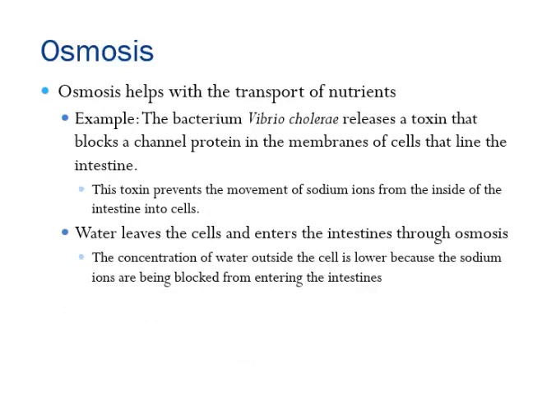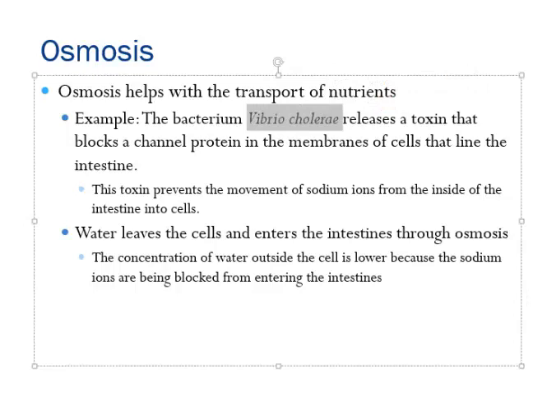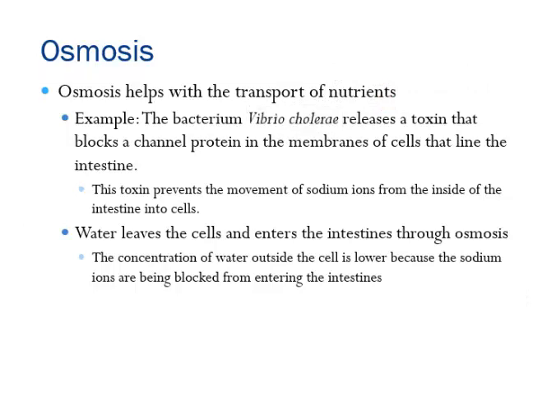Osmosis, of course, also helps with the transport of nutrients from inside the cell to outside the cell. An example is bacteria, this one, Vibrio cholerae. It doesn't really matter what the bacteria is, but a particular bacteria releases a toxin that blocks a channel protein in the membranes of the cell, and that's one way it keeps sodium from moving from the intestine into cells.